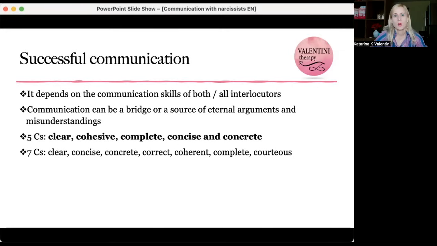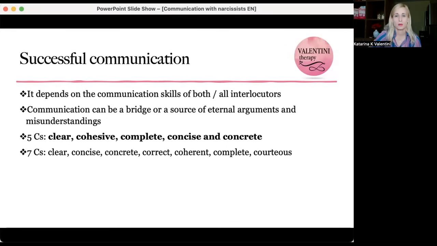Don't say, "Well, you know, it's my birthday next week. Oh, you know, we haven't been out in a really long time." That doesn't mean anything. You're just expressing your current thoughts, not your desire. Yet you expect your narcissist to pick up on your underlying wish and take you out for dinner on your birthday next week. So be clear what it is that you want.